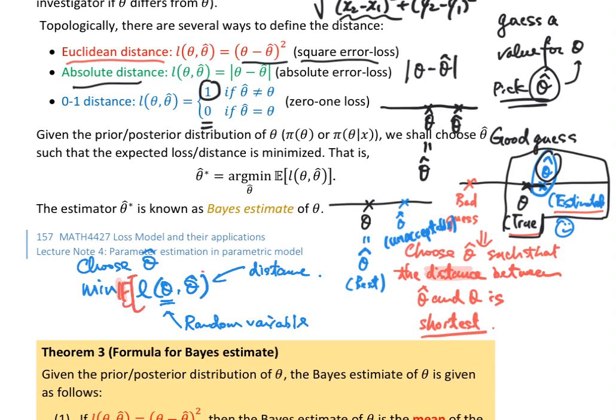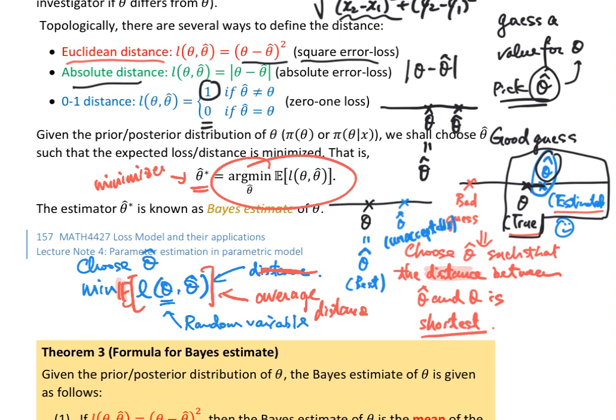That means you are asking for the average distance. And then our goal is to choose the theta hat such that it minimizes this average distance. We let this minimizer be theta hat star, which is the parameter that minimizes this expected value.